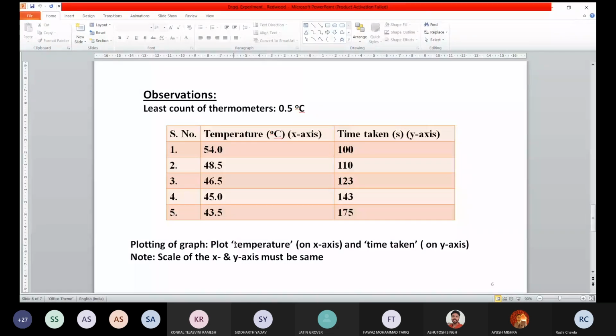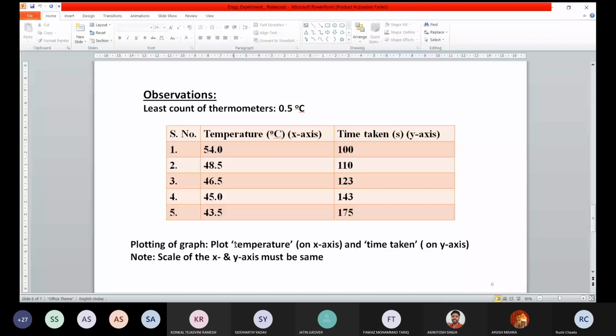So the relationship here is between temperature and time, and you are studying the viscosity. I want you to answer what is the relationship between temperature and viscosity. How is time related to viscosity? If the oil is more viscous, will it take more time or less time?